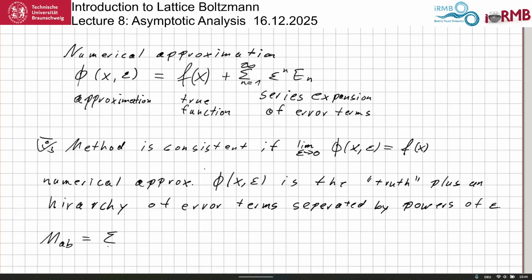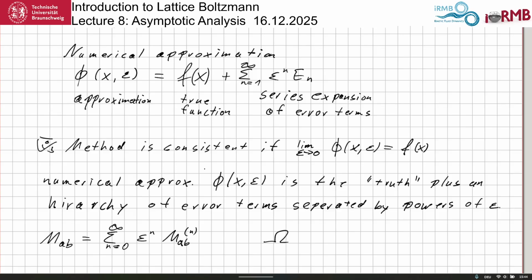Now let's say this can be expanded from n equal to 0 to infinity into the smallness parameter to the power of n times M_ab of order n. Here we write an order, so this is not an exponent. This is why I put the brackets here, to distinguish. This is an order n.